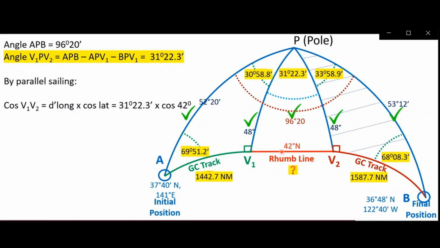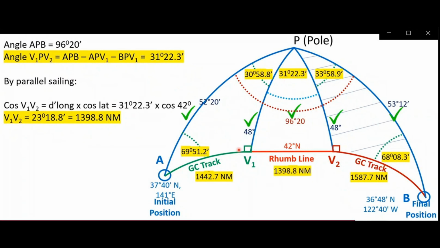When we put the values, we get distance V1V2 as 23 degrees 18.8 minutes, which is equal to 1398.8 nautical miles. This distance goes into the diagram.